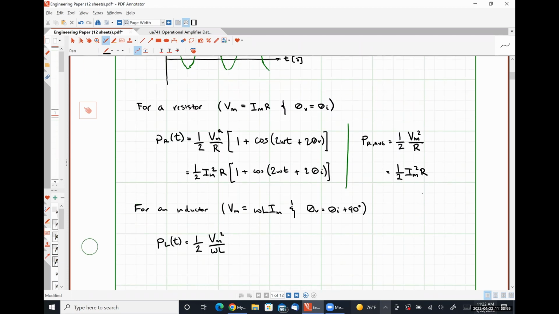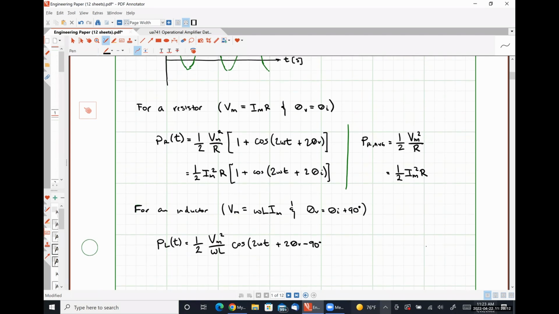So we will simply have 1/2 Vm squared omega L times the cosine of twice omega t plus twice theta V minus 90 degrees. And now we've represented the instantaneous power absorbed by an inductor purely in terms of the voltage across the inductor.